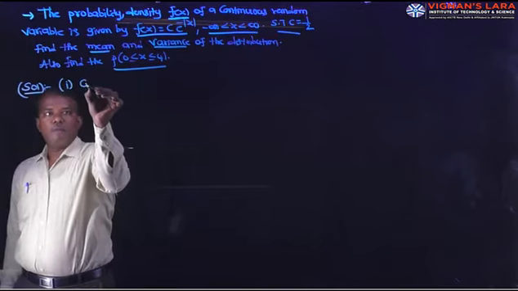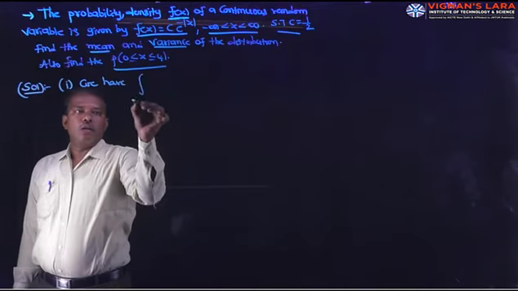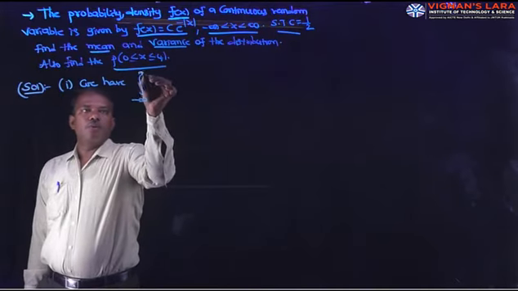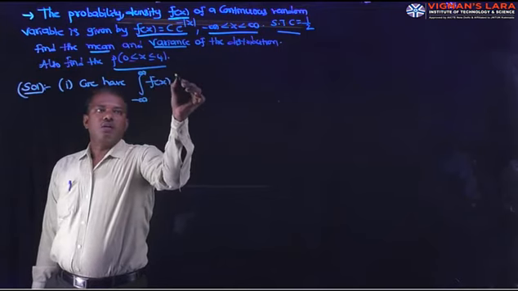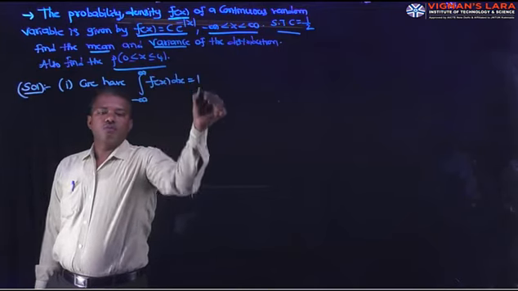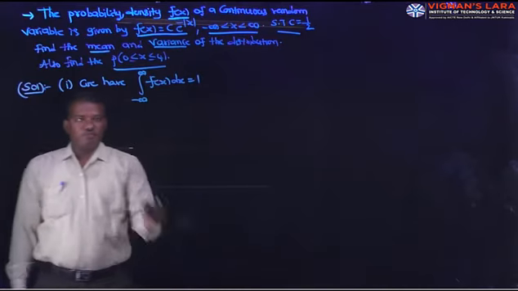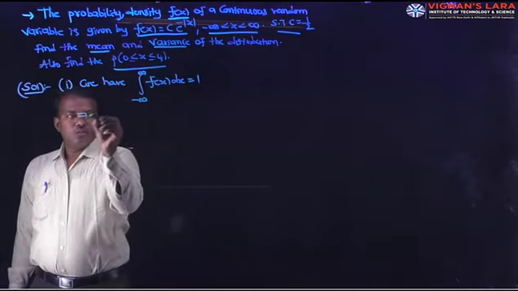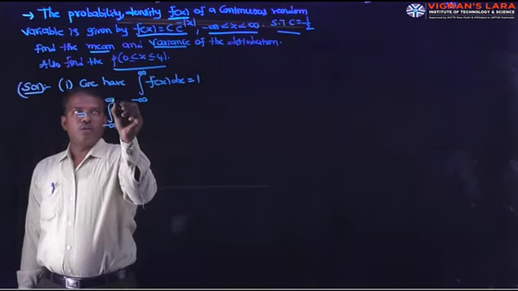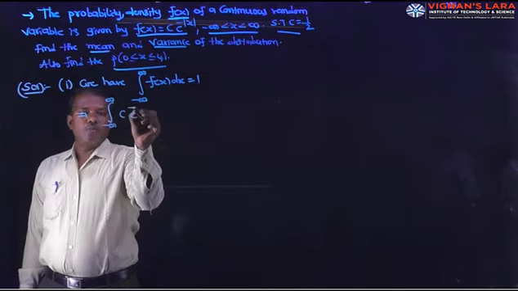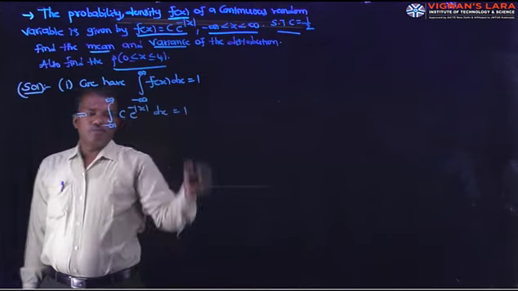We have integral minus infinity to plus infinity f of x dx is equal to 1. We know this one. This one helps us for the calculation of c. That is, integral minus infinity to plus infinity c e power minus mod x dx is equal to 1.